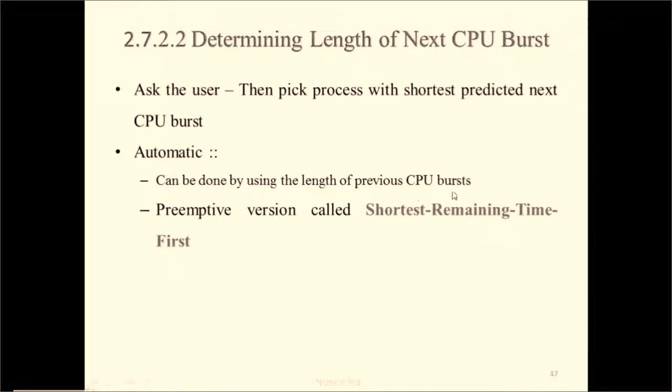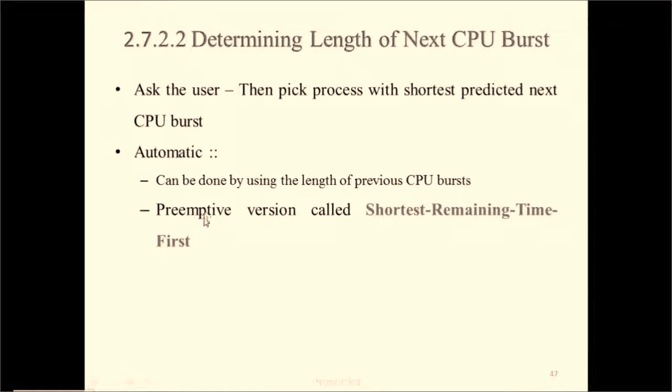Now this can be done by using the length of the previous CPU burst. This data is available with the operating system: last time the process used so much CPU time when it was run. No guarantee that in this run the process will need the same amount of time, but yes, the OS does have some history.